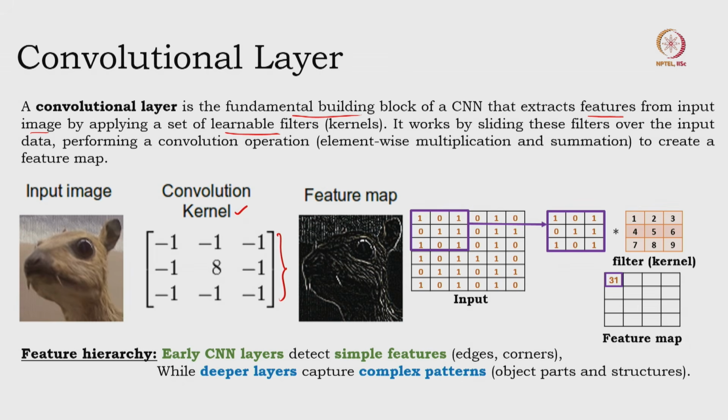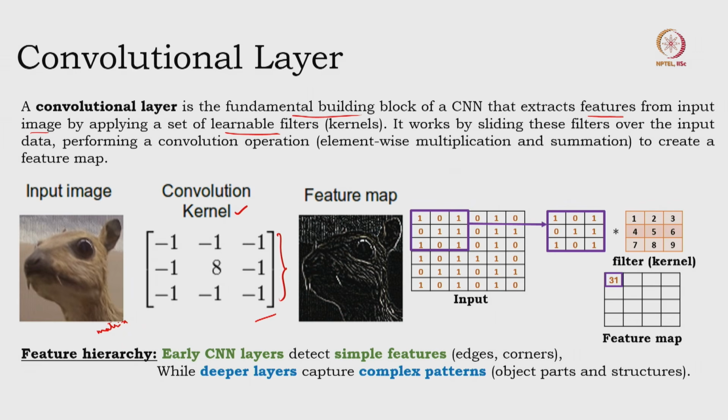And how are we extracting the features? With the help of a kernel. And since the image is a matrix, definitely the kernel also will be a matrix. Now, if it is a matrix, we will have values, and whatever values we are considering here, we are going to learn over a period of time.